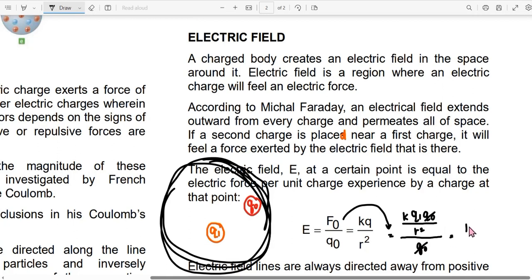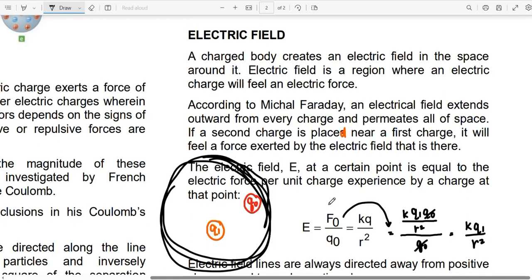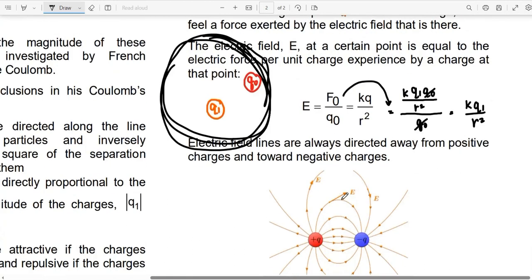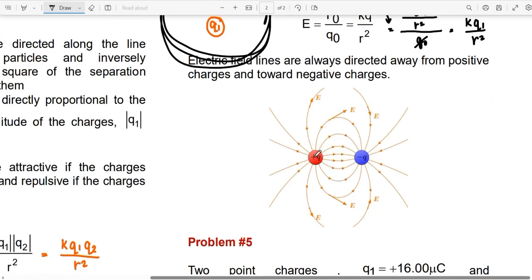So that's K Q1 over R squared. So this Q1 here is the charge present. Okay, electric field lines are always directed away from positive charges and towards negative charges. So if this is our positive Q, the field is directed away from the positive and towards the negative.